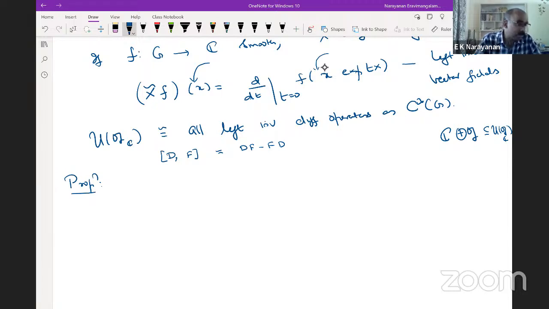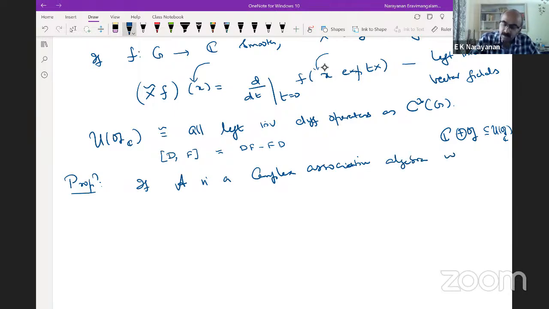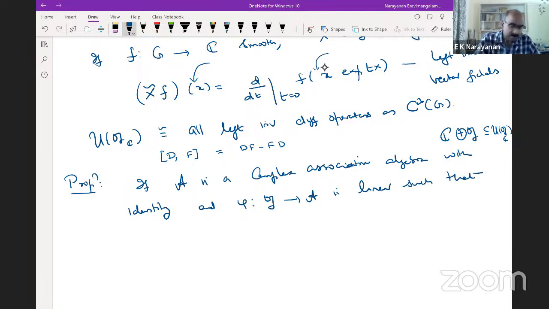Okay, so the important proposition for us is: if script A is a complex associative algebra with identity, and phi from G to script A is linear such that phi of the bracket of x and y is phi x phi y minus phi y phi x.